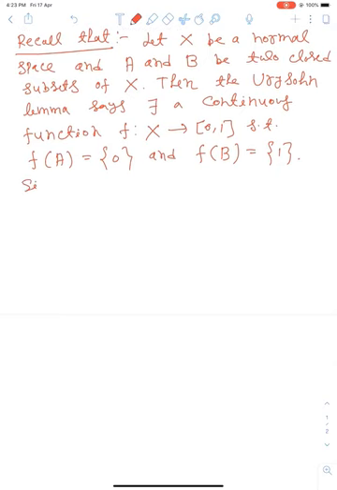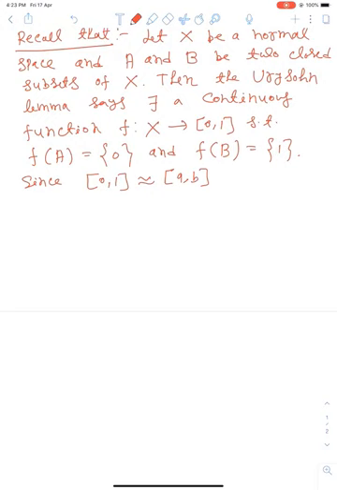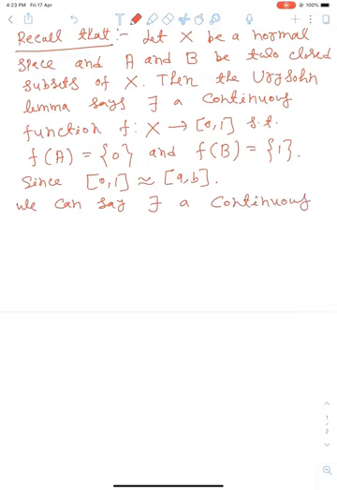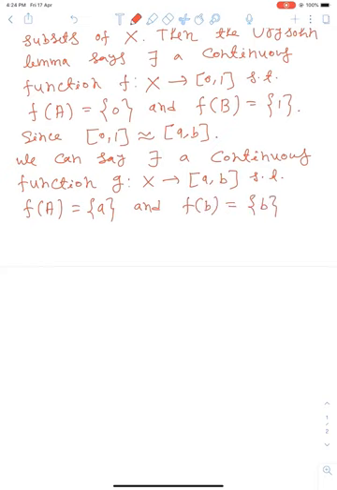Since that space is homeomorphic to any closed interval [a, b], we can replace [0, 1] by the closed interval [a, b]. That means we can say there exists a continuous function, say g, from X to [a, b] such that g of A is the singleton a and g of B is the singleton b.